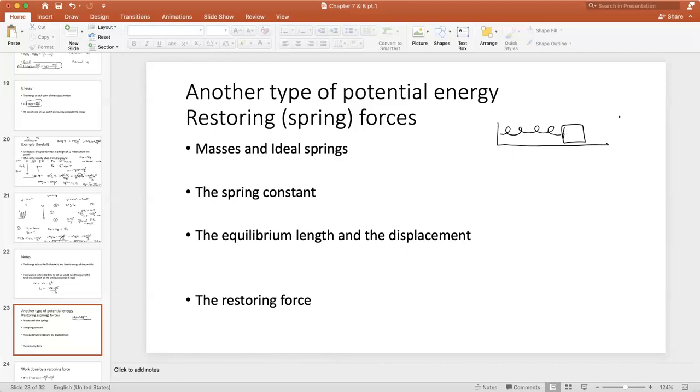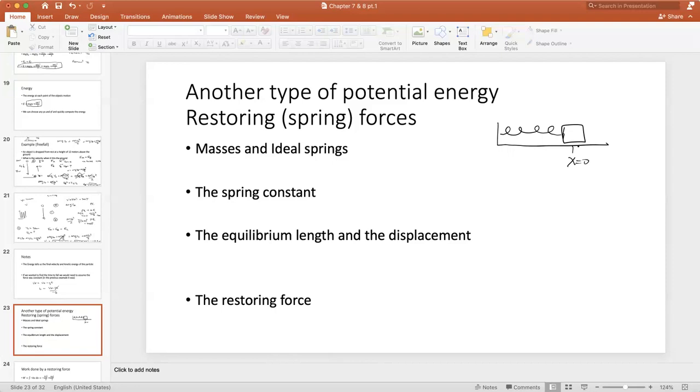You haven't pulled it, you haven't compressed it, you haven't done anything to it. You say that there's an equilibrium length, but without the spring being stretched or compressed, x is 0 at the center of mass of the object. So when you haven't done anything with the spring, it is at rest.